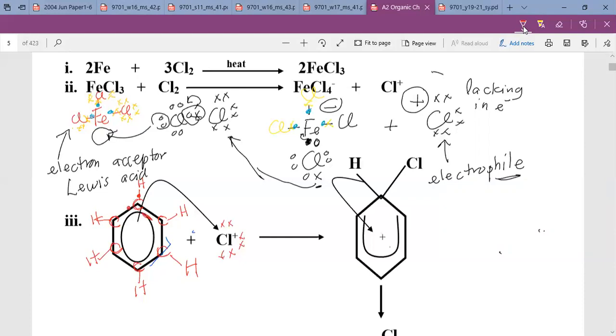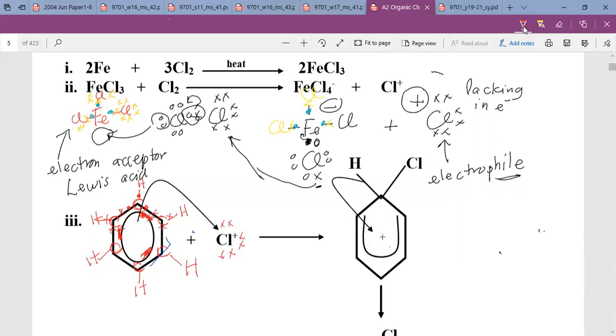We assume it's a Kekulé structure: double bond here, double bond here, double bond here, three double bonds. We assume this because it's easier to explain. Here's dot, dot, and dot, all on this carbon. The other one is cross, cross, cross, cross.